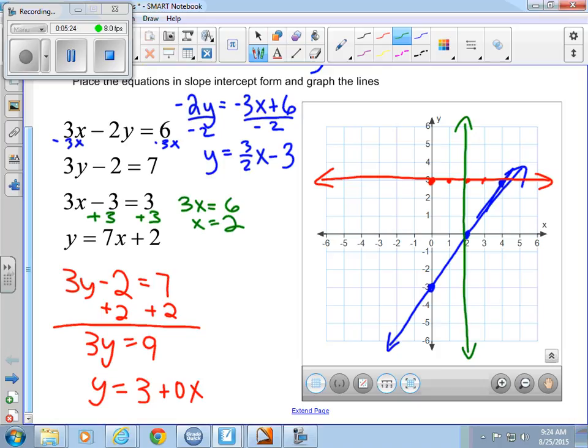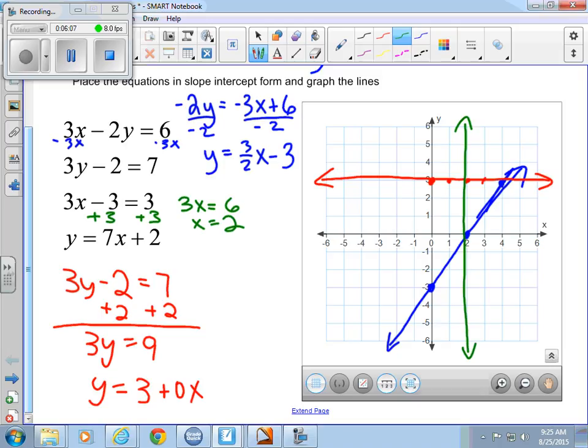Slope is rise over run, right? So I can rise on this line, right? I go up 3. How far do I go over? I don't. So would you agree my run would be 0? So type in your calculator 3 over 0, or 1 over 0, 10 over 0, anything over 0. And what does it say? Error. The slope of a vertical line is undefined. Write that down. The slope of a vertical line is undefined.